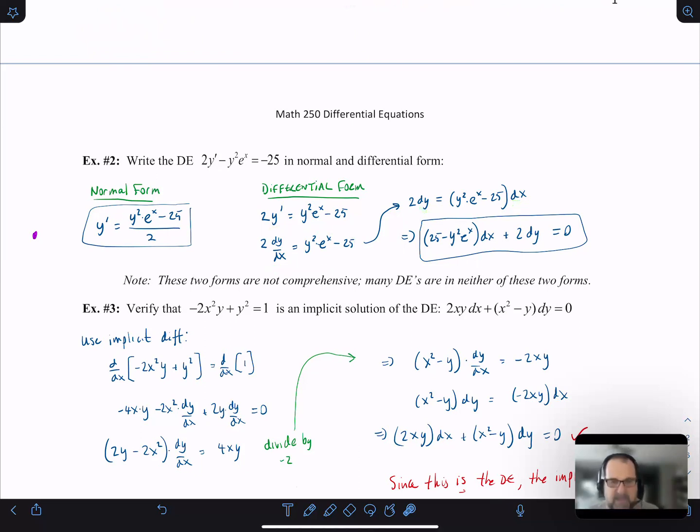And then to make a differential form out of it, we would want to subtract this whole thing from both sides. Notice, to subtract it, I can basically just change the signs of the things on the inside here and flip them around and then write them on the other side. And then we have our differential form. This would be the M, and this would be the N. So that's where we're going to leave it here for those notes. We will finish this packet in class together.